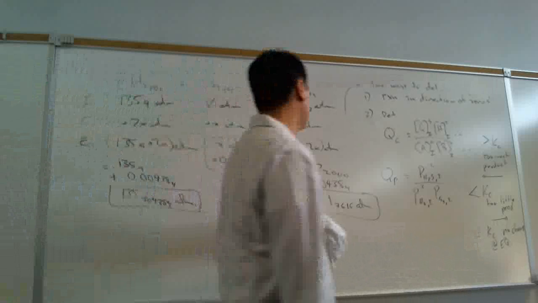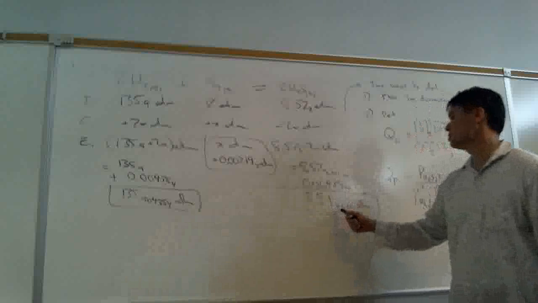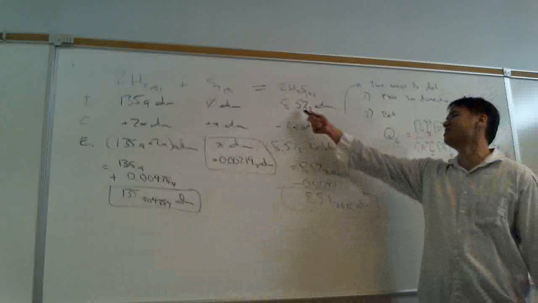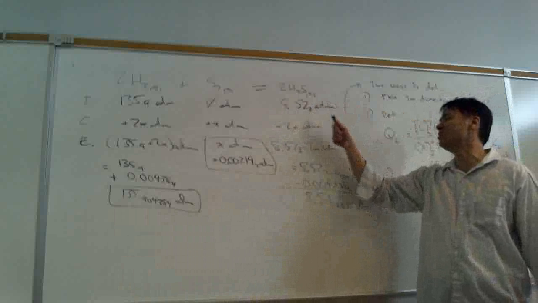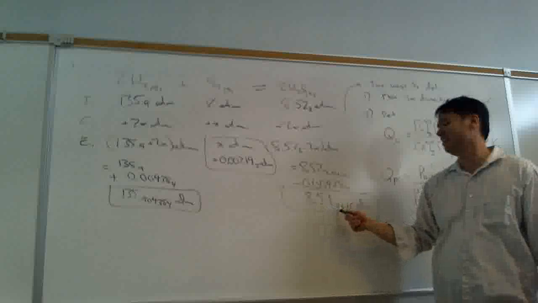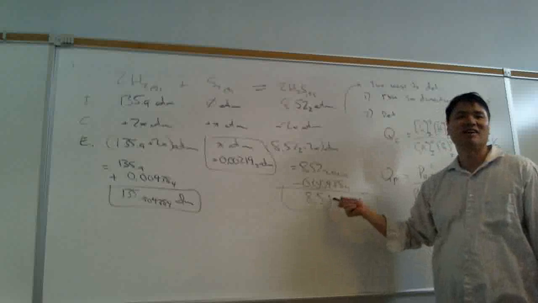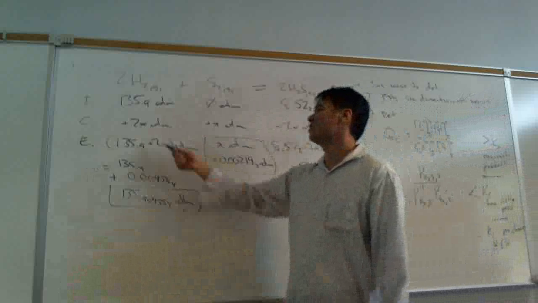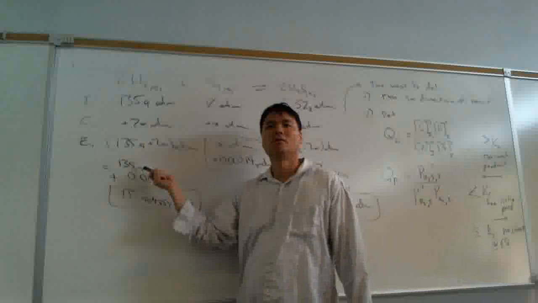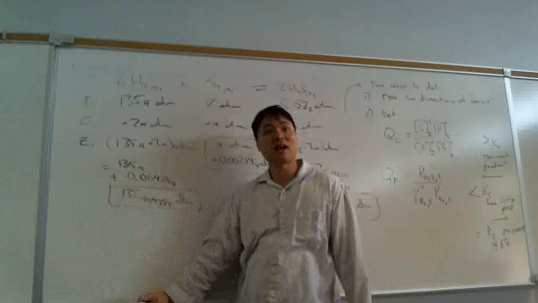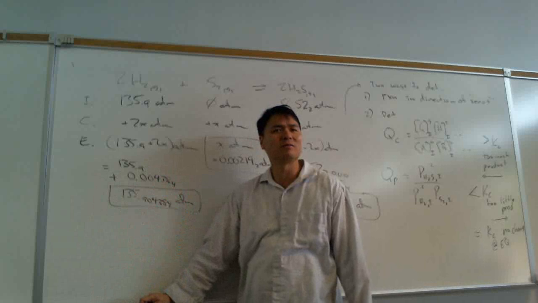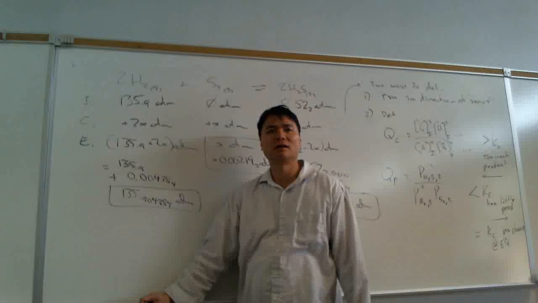This is a little bit more significant of a change because at least this change registered on this. But when we round it, it looks like it's the same because when we round these, it's 8.52. So it looks like if we start at 8.52, we end up at 8.52. We start at 136, we end up at 136. So it looks like no change happened, but actually there was a change. The change was just so small, it didn't really impact the number.